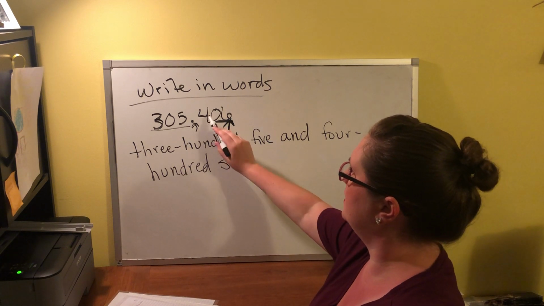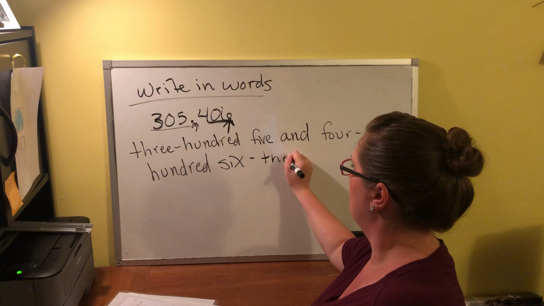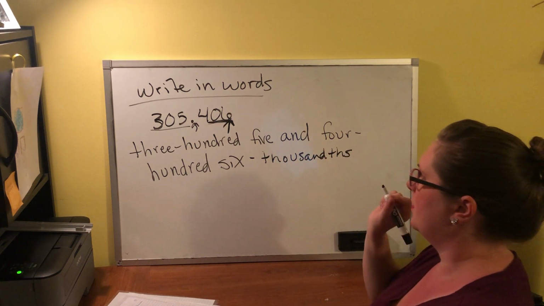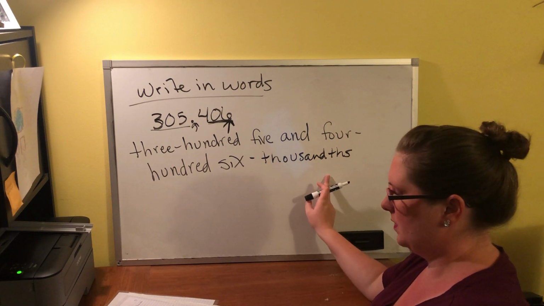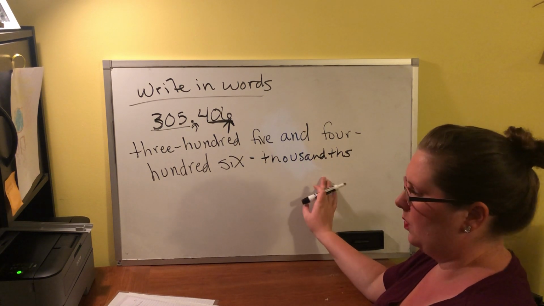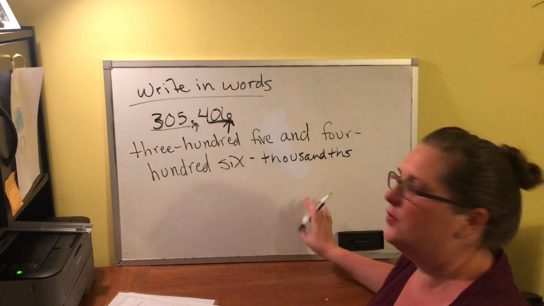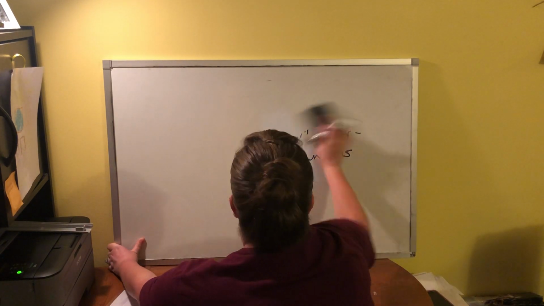So we're going to go tens, hundreds, thousands. So this is now 305 and 406 thousandths. Okay? And that would be your answer. And like I said, there's a couple more examples in the notes if you need to reference those. Okay, so that is writing decimals out in words. And there's more in your book as well.